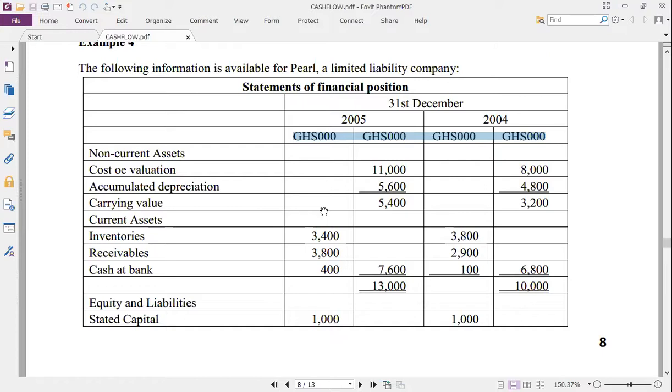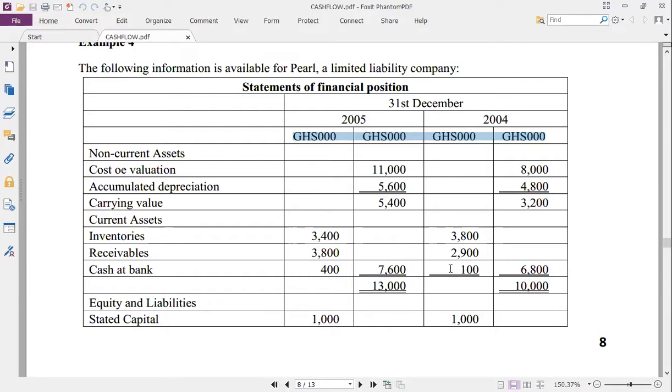Good. And then accumulated depreciation, 5,600 closing balance, 4,800 is the opening balance. Good. Carrying values are there. Then current assets: inventory, receivables, cash at bank. Then equity and liabilities.